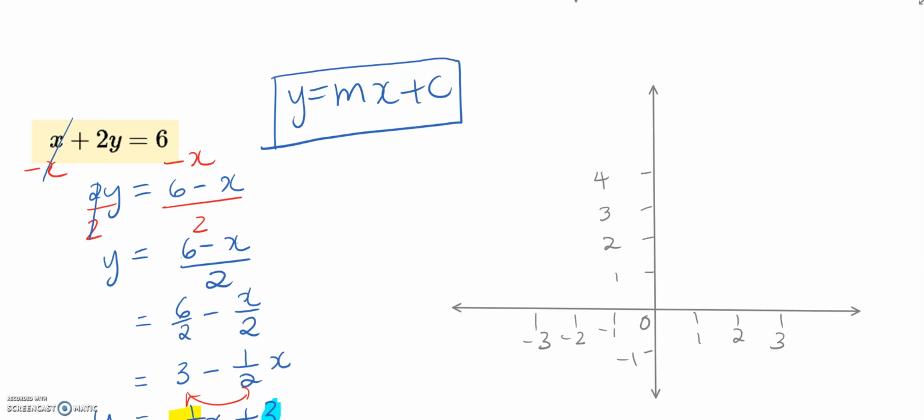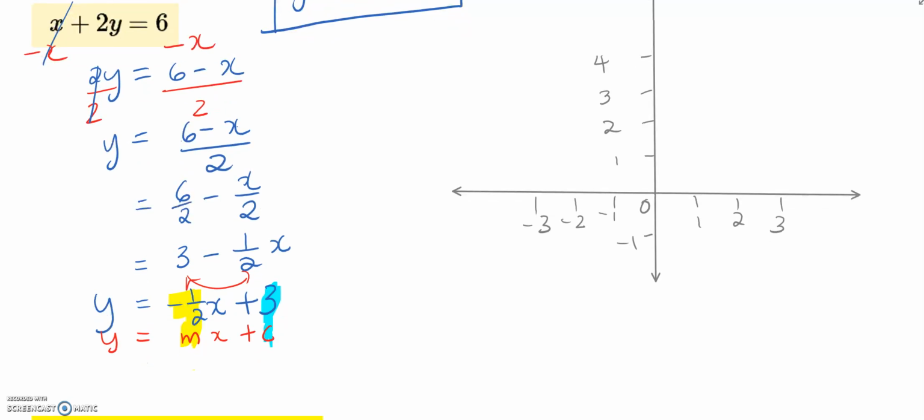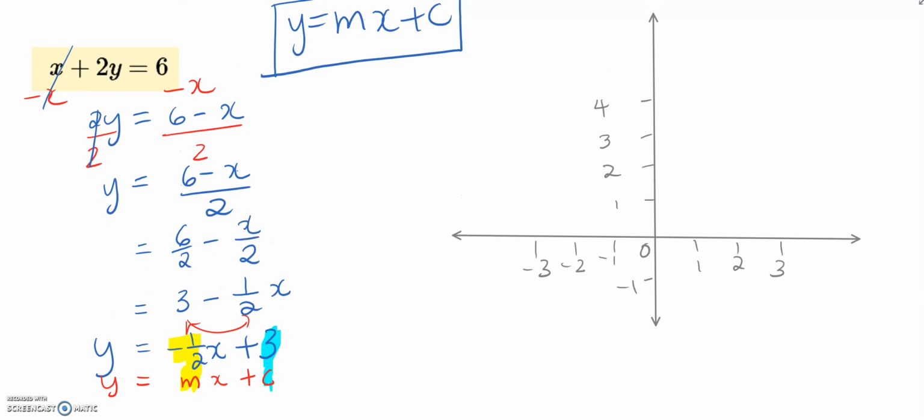Let's always start at c. It's always good to state what your gradient and y-intercept are. So this tells us m is equal to negative half, or negative 1 over 2, and c is equal to 3. So it has the coordinate (0, 3). So if we go to (0, 3) and mark c, that's our point c over there.